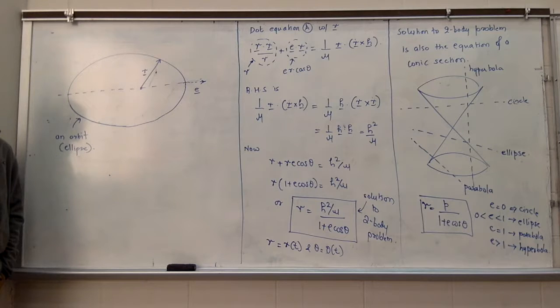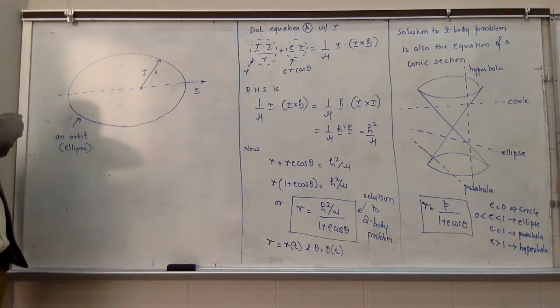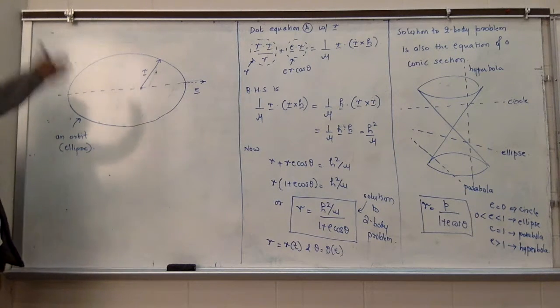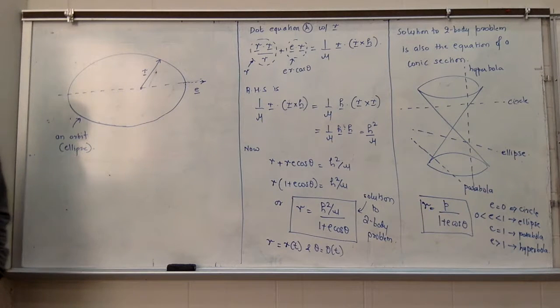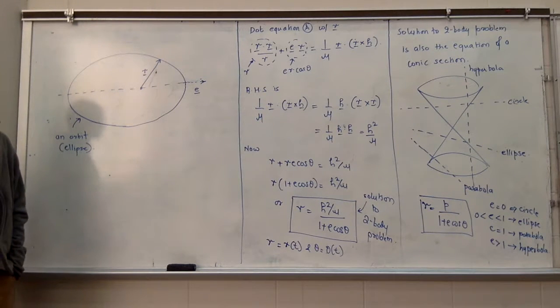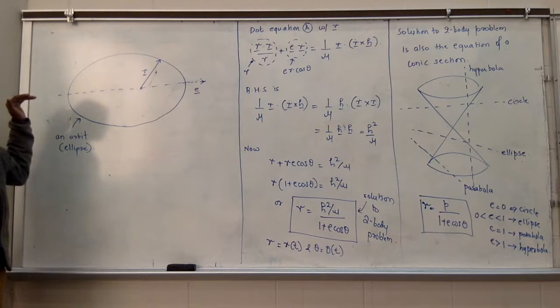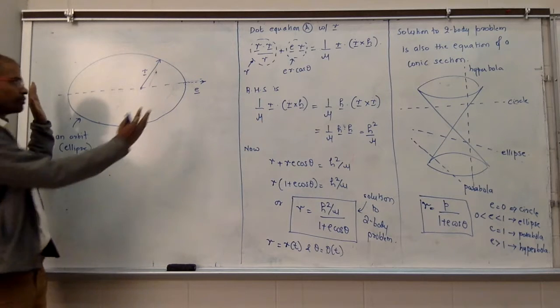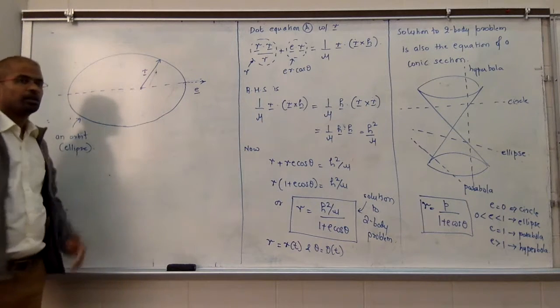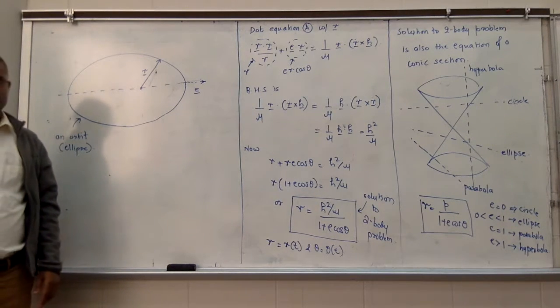What is the major axis here? Major axis is this. The major axis divides the ellipse into two halves, this half and this half, and it runs along the foci.